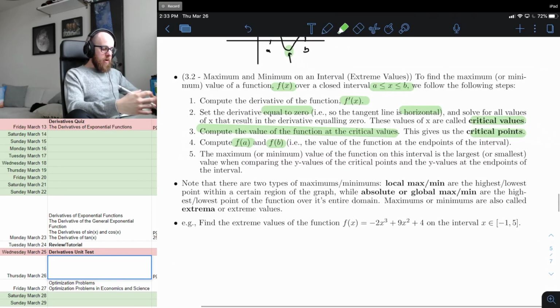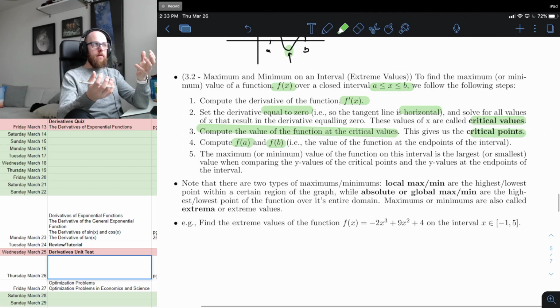And then the last step here isn't really a step. Essentially, we compare all of the values that we've calculated. So we have the y values of our critical points, as well as the values of the function at our endpoints, f at a and f at b. We just look at them and say, which one's the biggest? That's our maximum. Which one's the smallest?